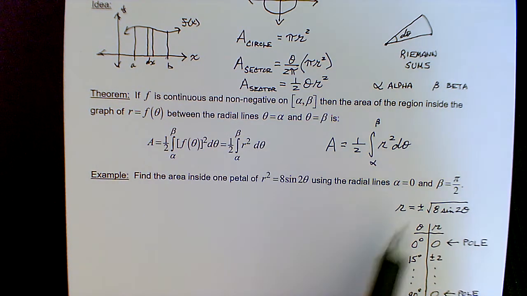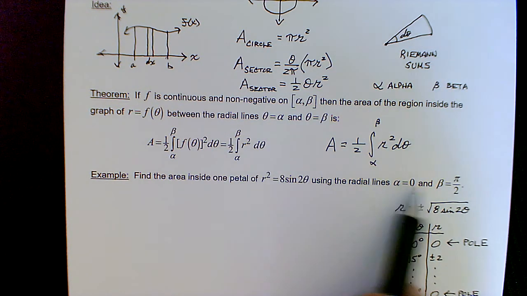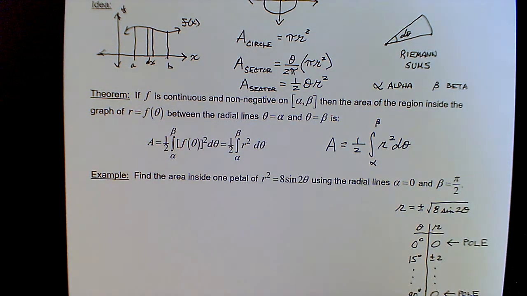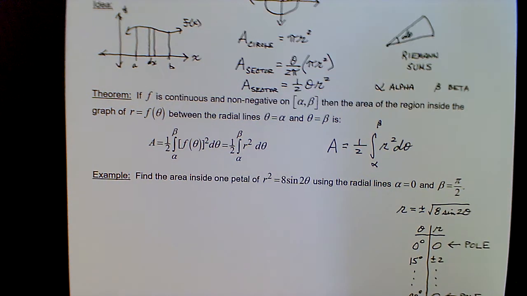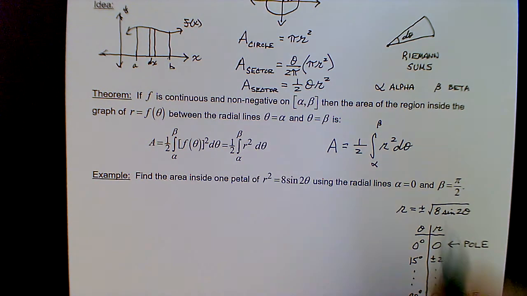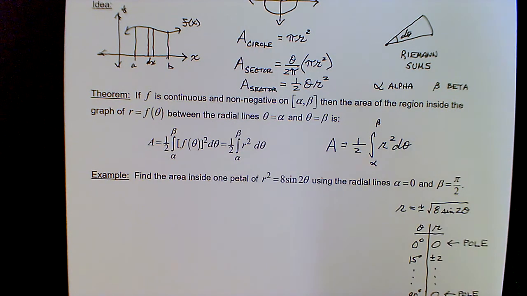So that's why the values of alpha and beta are 0 and pi over 2, which is 90 degrees, because those are the poles. I'm going to give you the graph, and I'm going to give you the radial lines that I want you to use, so you don't have to worry really about any of what I'm doing over here.